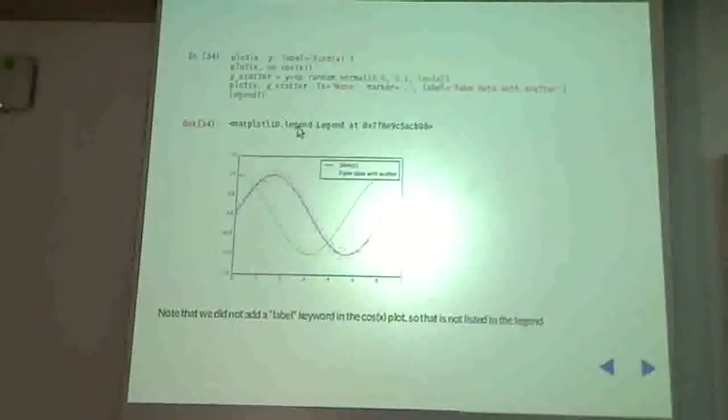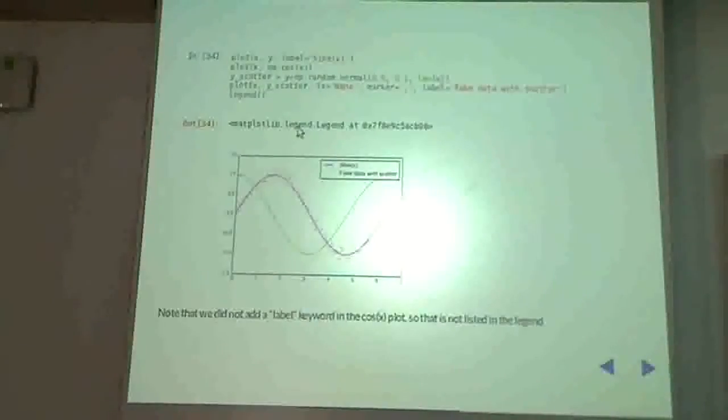If you wanted to put sin x, sin theta as the label, you could use a raw text here, but that only specifies the text. You cannot control there the other attributes, like what font you want, what size you want, etc. That is only decided once you have the legend object. So that's an attribute of the legend object.